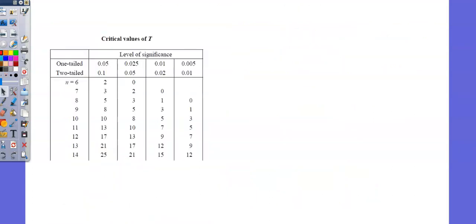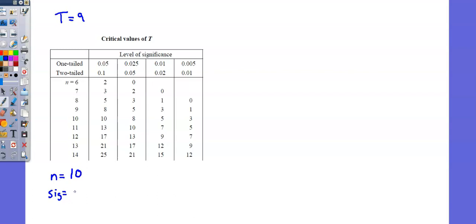Here's the critical values table. Note this is for the Wilcoxon signed rank test, not the Wilcoxon rank sum test. That's a different table. The result of step 4 was identifying the test statistic as 9. Now from the table we want to identify our n, and we want to identify our significance. n is the number of measurements we're evaluating, which is 10.